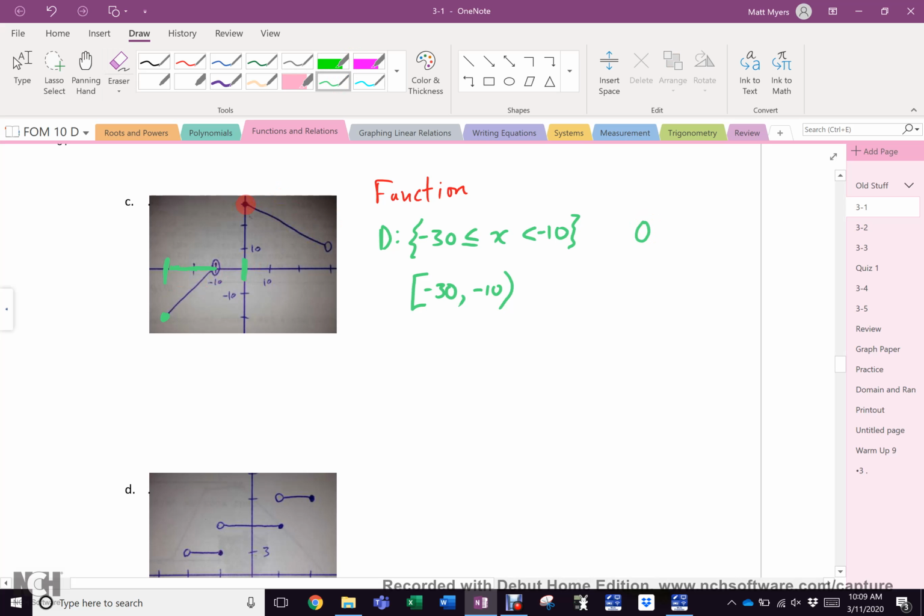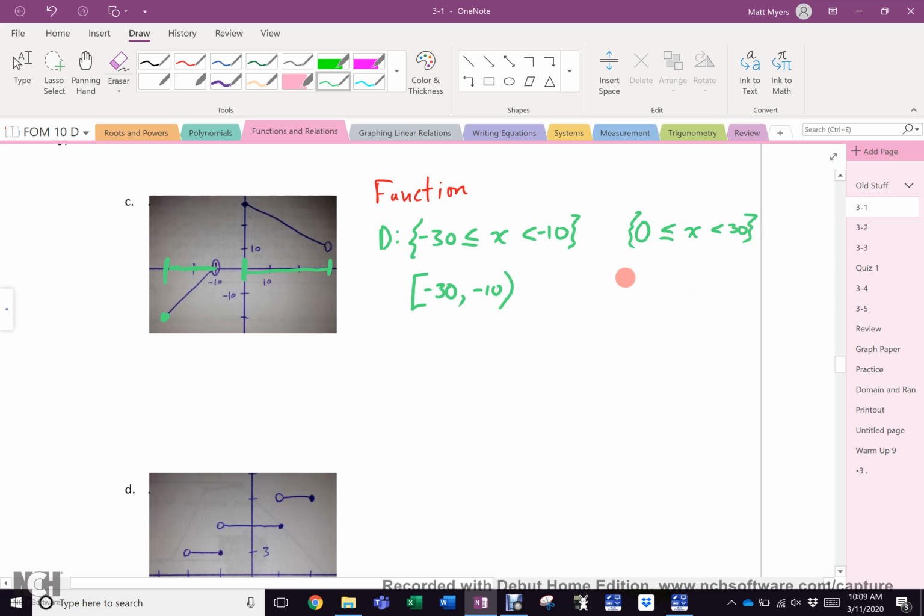Is it colored in? So I have to include equal to x. And how far up does it go? +30. Is it colored in? No. So x is less than 30, with no equal sign because it's not colored in. Then I put my squiggly brackets.